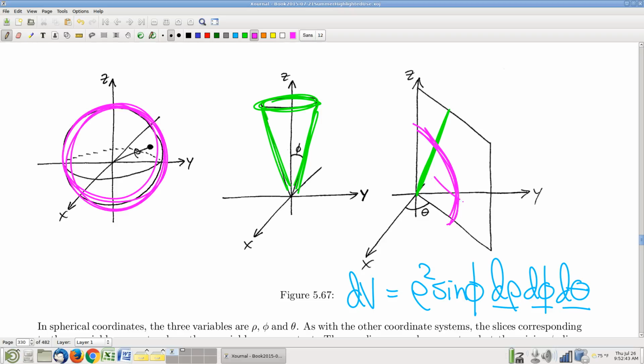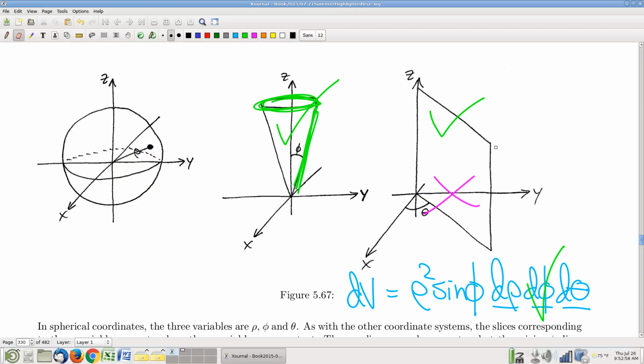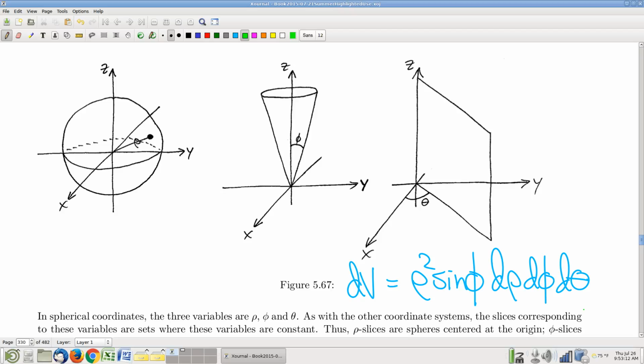So that's why we don't do that next, and we do d phi next. And then by process of elimination, we do d rho last. Okay. So anyway, for the purposes of this course, that's always the order that you should use. So always write down your spherical differentials like this: rho squared sine phi d rho d phi d theta. As such.